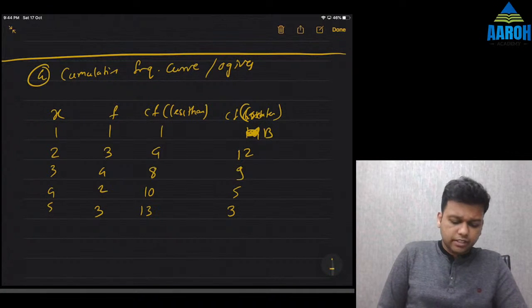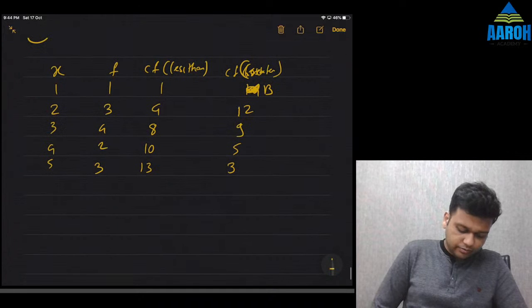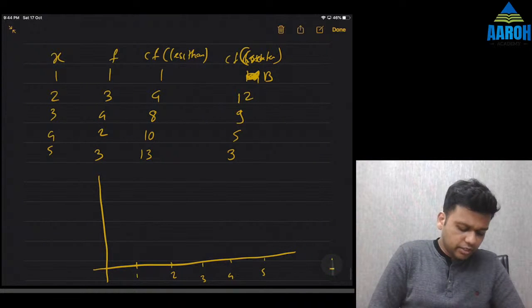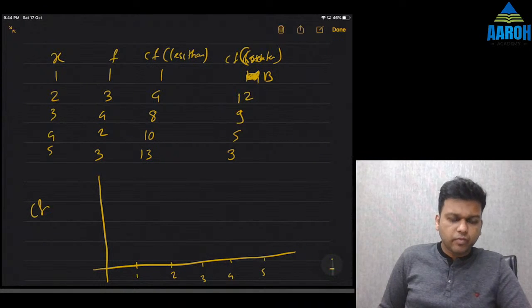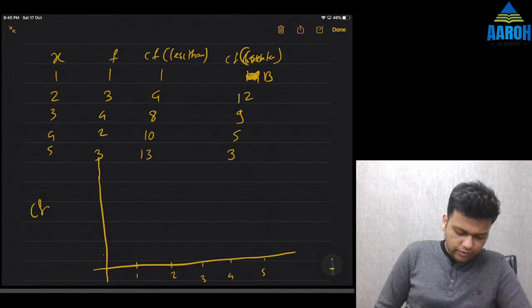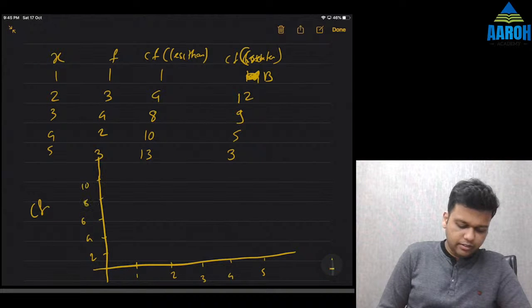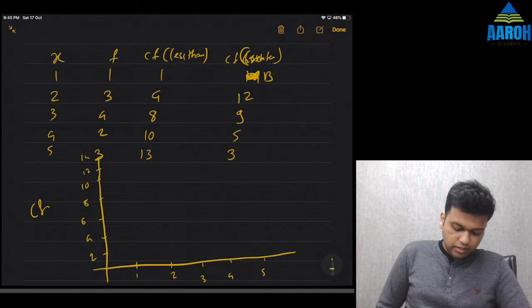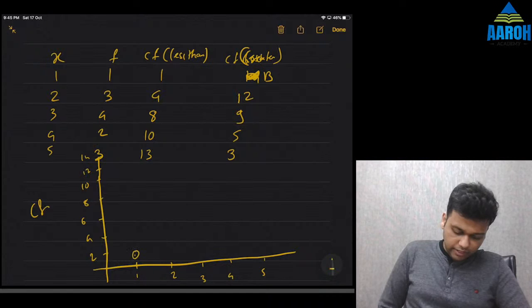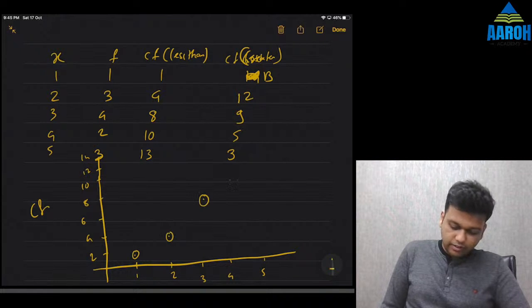Now, cumulative frequency curves are what? When we plot 1, 2, 3, 4, 5, we plot cumulative frequency on the y-axis. How? Let's say we have 2, 4, 6, 8, 10, 12. So if we want to plot less than cumulative frequency, it will be 1, then 4, then 8, then 10, and then 13.